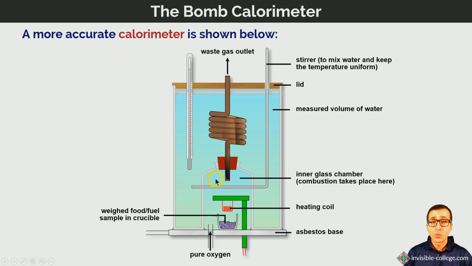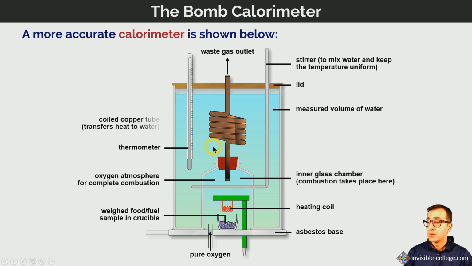So inside this chamber we have pure oxygen for complete combustion. And of course we have a thermometer with which to measure the rise in temperature of this known volume, this known mass of water. So this is the bomb calorimeter, and as you can see, it's a rather more sophisticated device which is designed to minimize those sources of error.